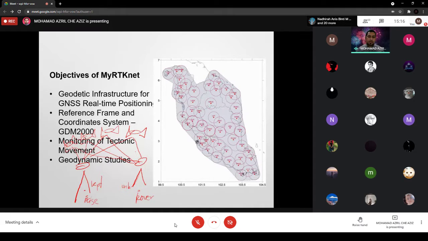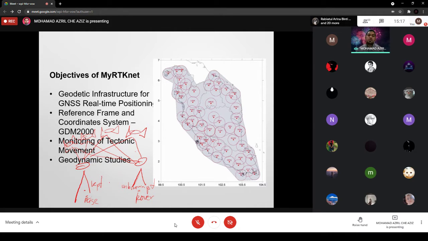Okay, the point you want to know is the unknown point. Previously, when the surveyor conducted the survey, they would go to the site, do the observation, and then want to know the coordinate of this unknown point based on the known point.